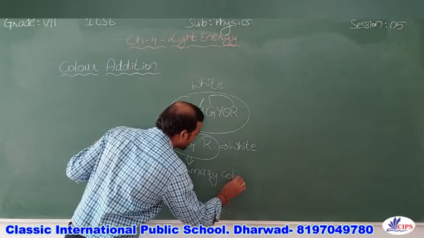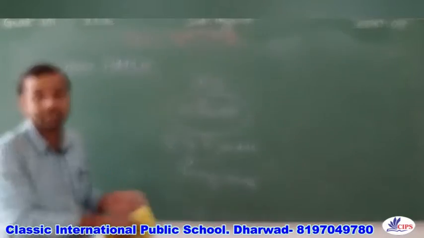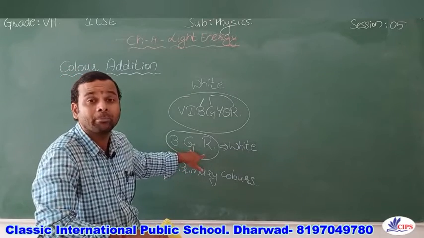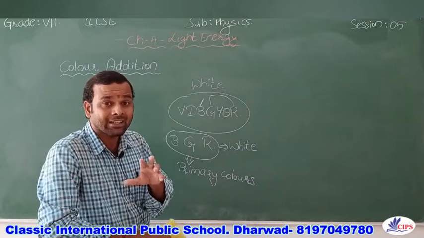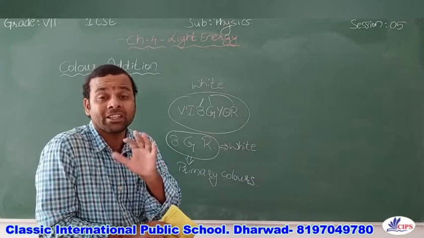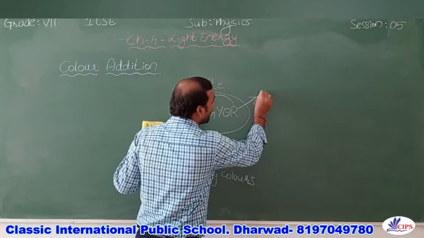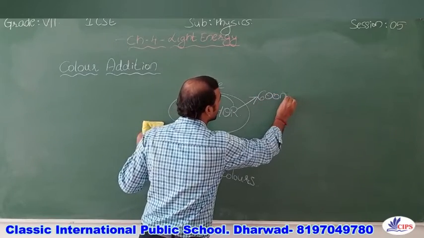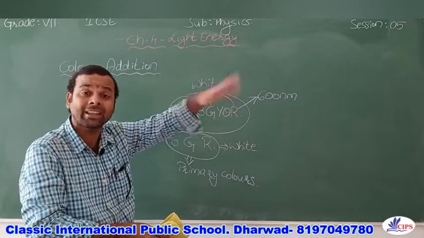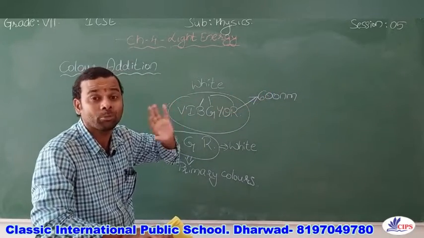This is what we discussed in our previous session, primary colors. Why are we choosing only RGB? There is a condition that they must be widely separated in the wavelength region. The wavelength region for red is about 600 nanometers onward, extending from 600 to 800 nanometers, but the starting point I am writing is nearly 600 nanometers.